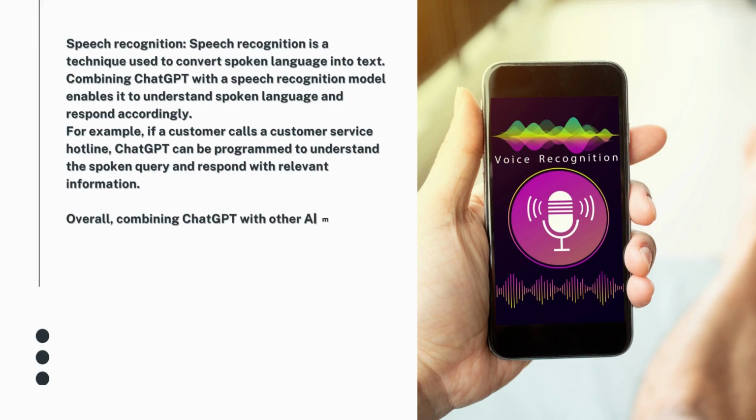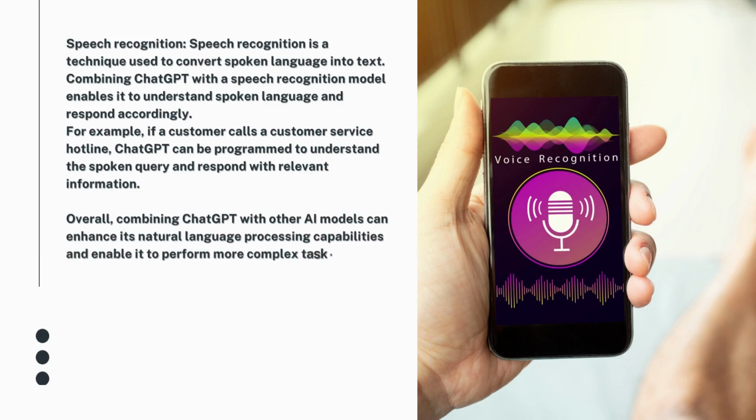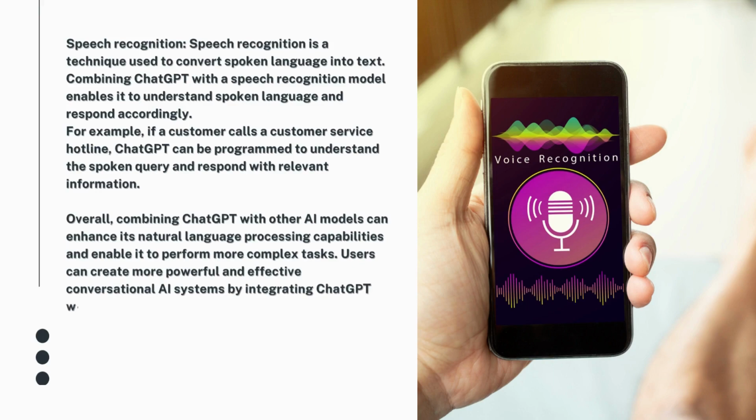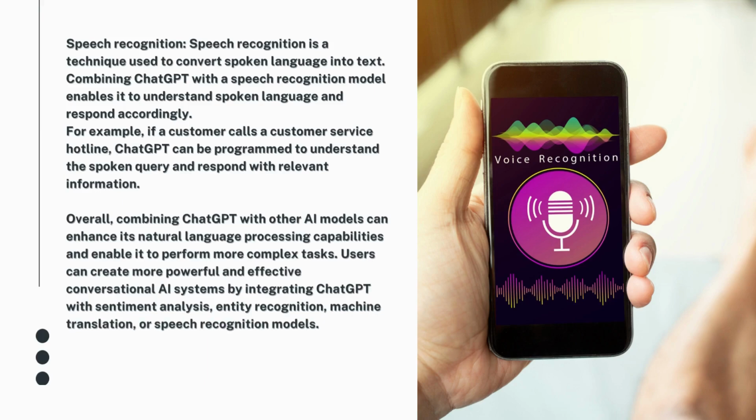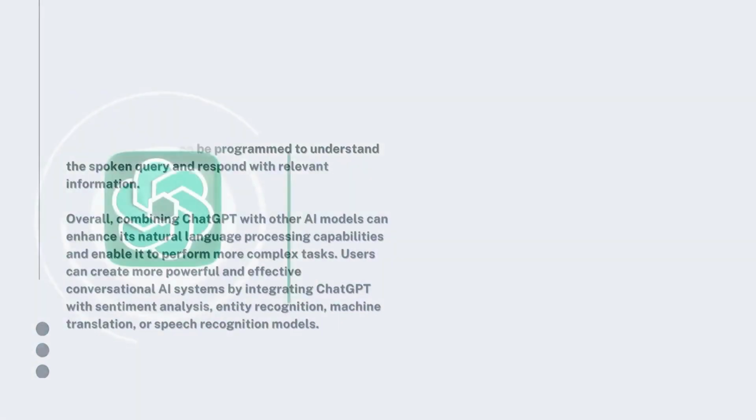Overall, combining ChatGPT with other AI models can enhance its natural language processing capabilities and enable it to perform more complex tasks. Users can create more powerful and effective conversational AI systems by integrating ChatGPT with sentiment analysis, entity recognition, machine translation, or speech recognition models.